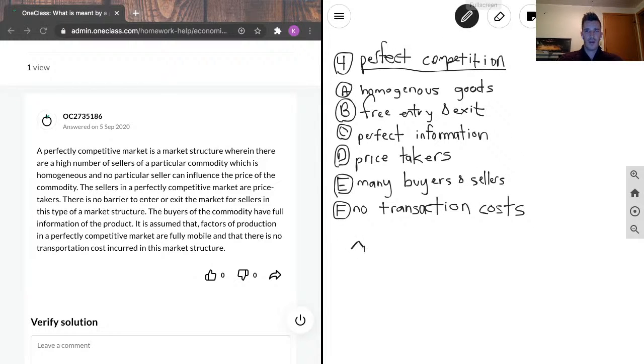I'm going to draw the long run graph here. So we've got quantity on the x-axis and price on the y-axis, and price, or the demand curve, is going to be flat. And this is because all firms are price takers.